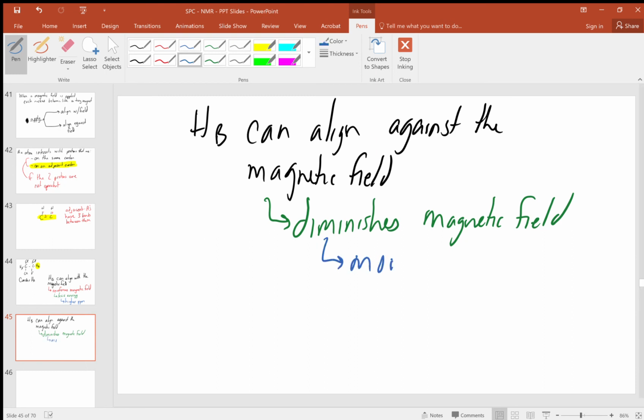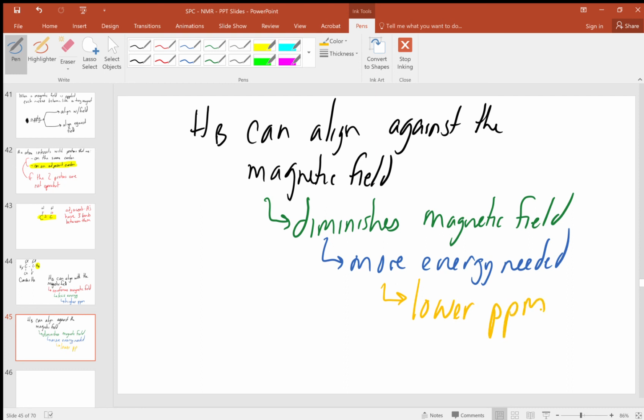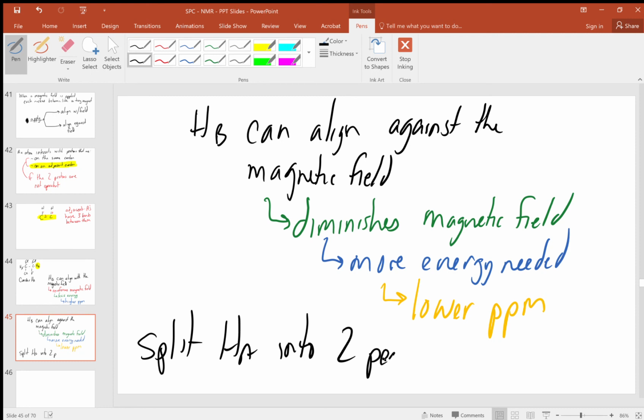That means we need more energy. And if we need more energy, that's similar to shielding an atom, and we end up at lower chemical shift. So by having one proton that is adjacent, we split HA into two peaks, which we would refer to as a doublet.